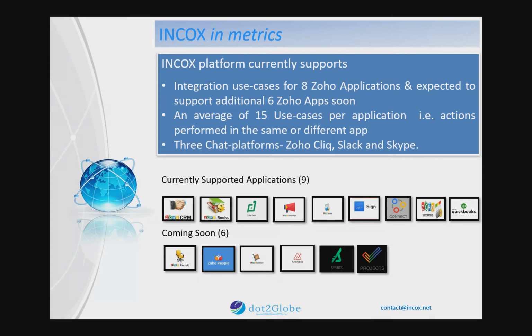We support 3 chat platforms as of now: Zoho Cliq, Slack and Skype. We have also published this information on our website, where the use cases supported on each application are listed out.